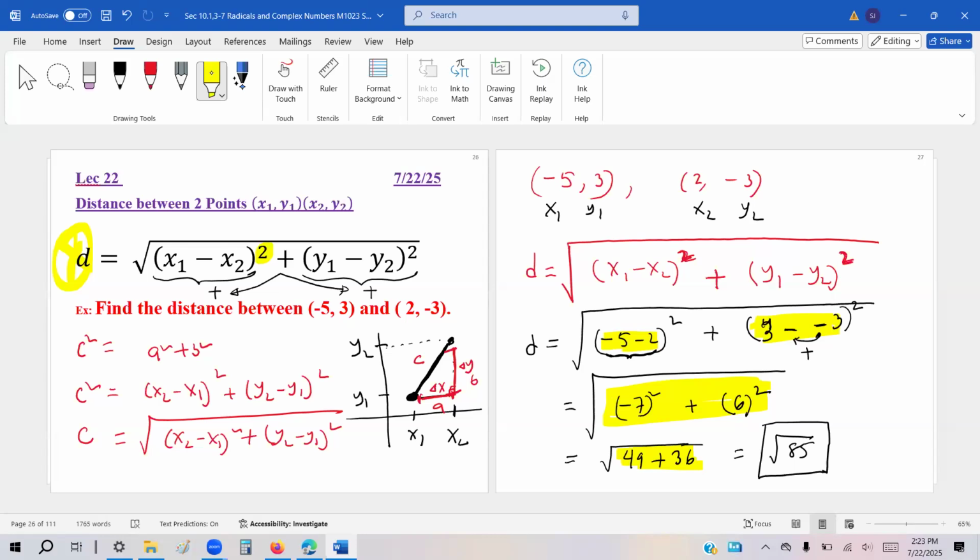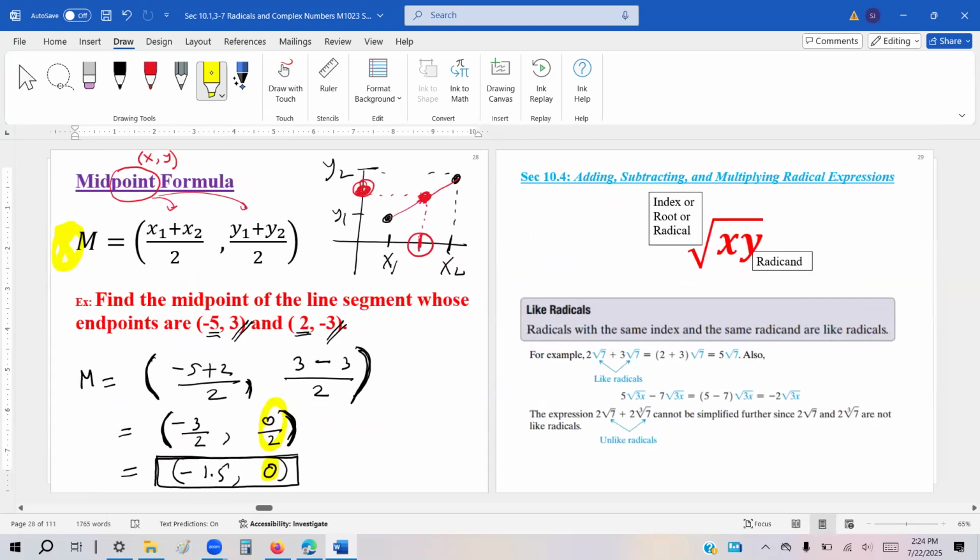So we know c square is a square plus b square in any right triangle, right? c is the hypotenuse. To get c alone, take the square root of both sides. So c is the square root of that thingy, and that's the distance. Derivative is rate of change, like slope, not the distance.